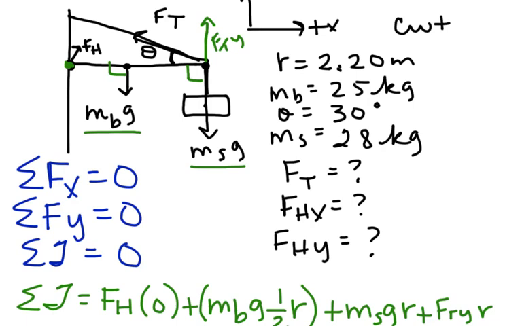And the answer is the beam would rotate counterclockwise. So I'm going to sneak in a little negative here, so we can fit that in the equation, because this last torque value in my equation is negative, because due to the force of tension in the y direction, the beam would rotate counterclockwise.